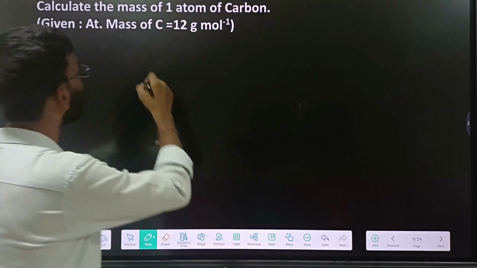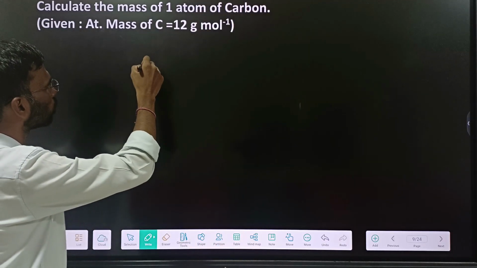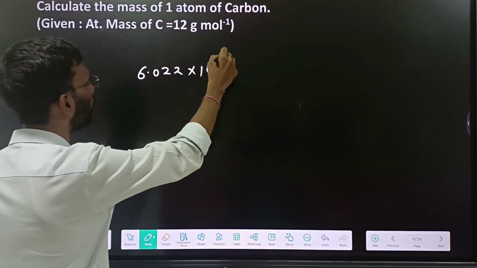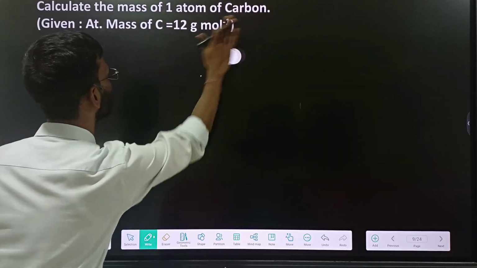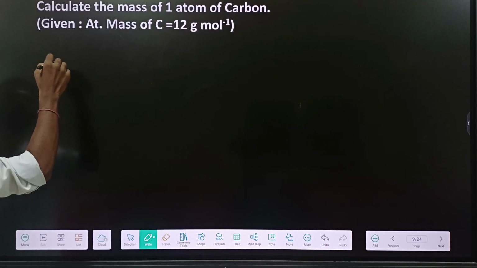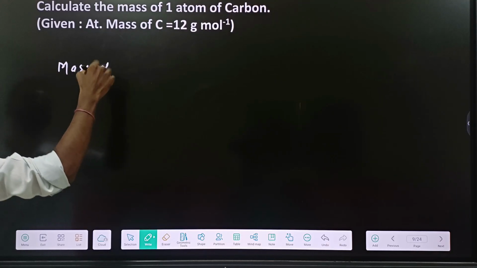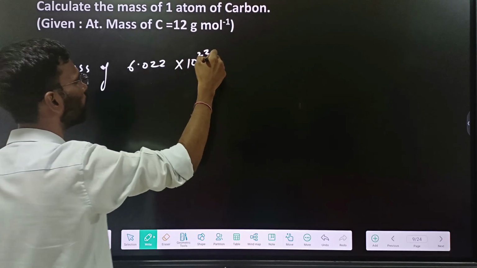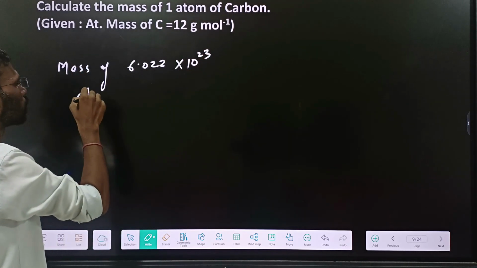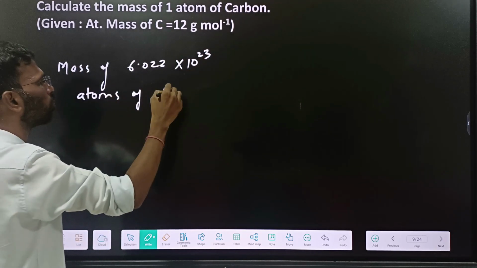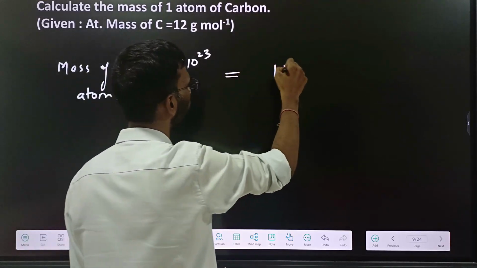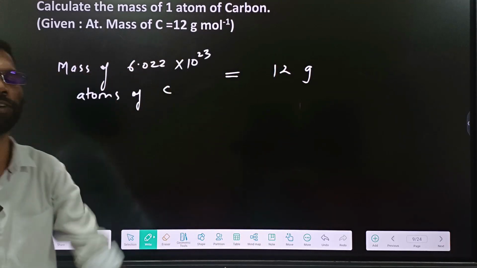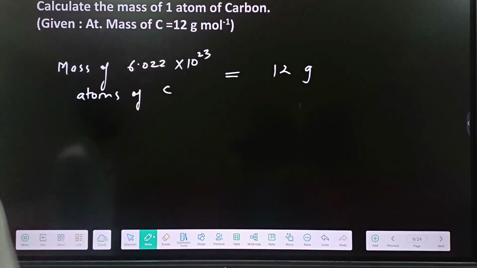We know that the mass of 6.022 into 10 raised to 23 atoms of carbon will weigh how much? 12 gram. How do I know this? I know this from the definition of the molar mass or the atomic mass.